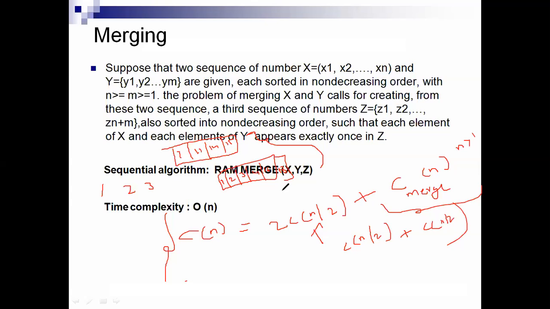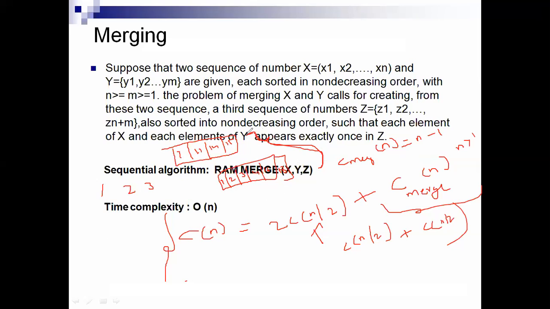So in that case, the worst case for C of merge is that we have to make n minus 1 comparisons for n elements. We continue this process, and neither array becomes empty while the third array is storing the elements.